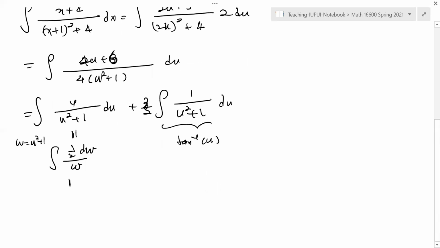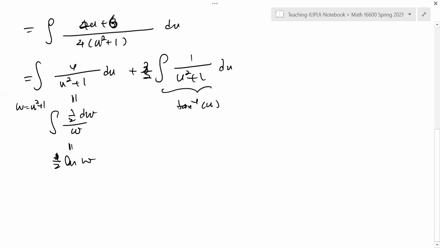That would be one half of the integral of 1 over w, which is one half the natural log of w. w is always positive, so don't worry about that. It's very simple. So my answer is going to be half the natural log of u squared plus 1, plus 3 over 2 inverse tangent of u.